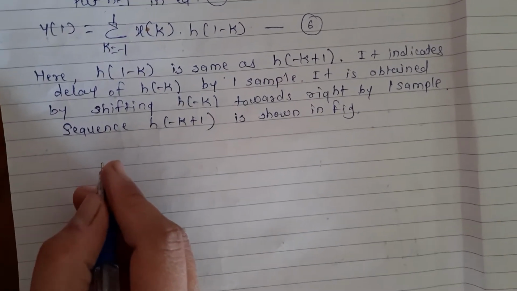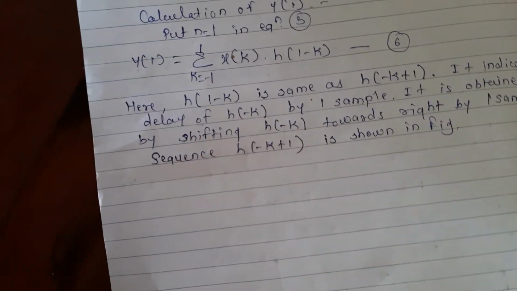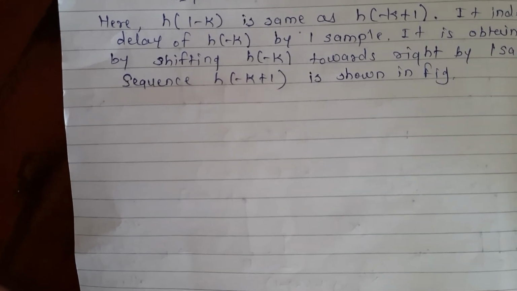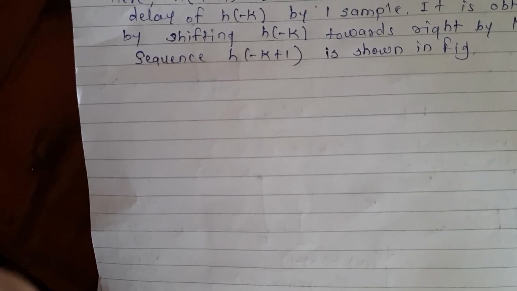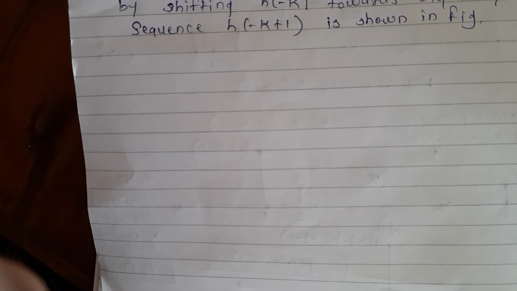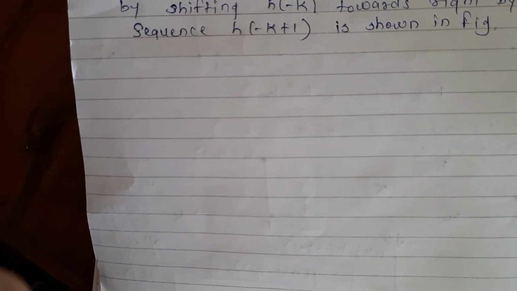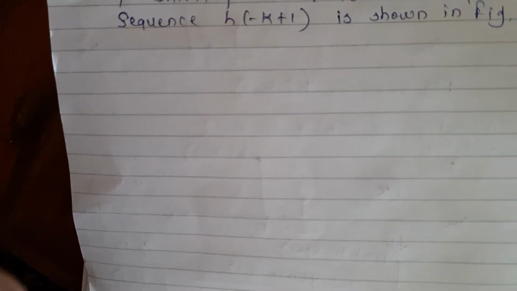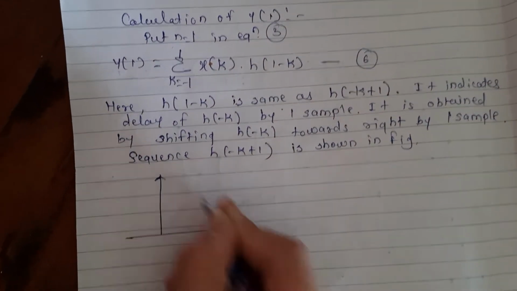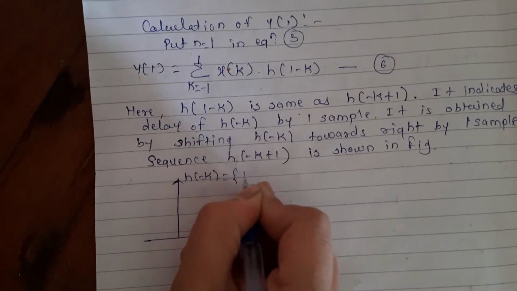So first we draw the product of x of k and h of minus k plus 1 we have to draw. First we draw h of minus k is 1 0.